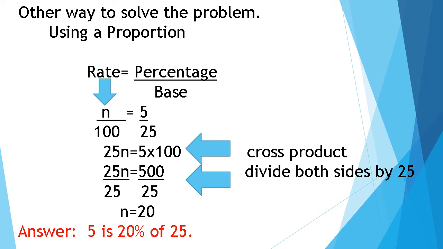Next we divide both sides by 25. So 25n divided by 25 is equal to 500 divided by 25. So we cancel 25 and 25. So the remaining is n is equal to 500 divided by 25, which is 20. So the missing number is 20. The answer is 5 is 20% of 25.